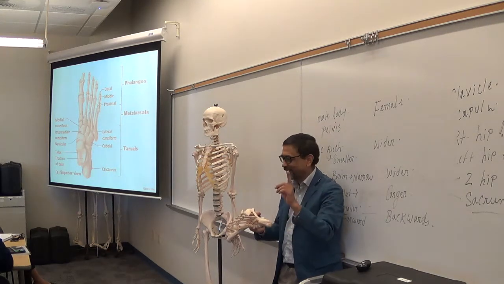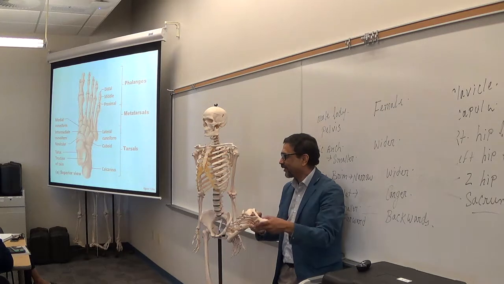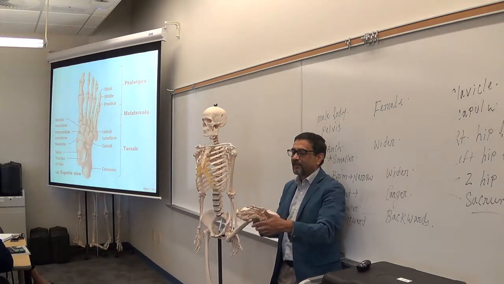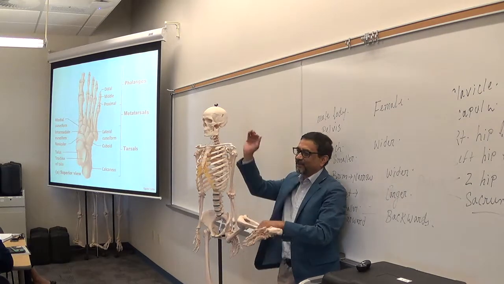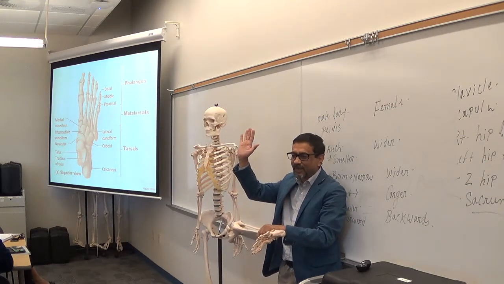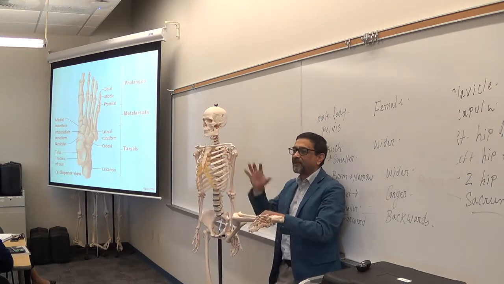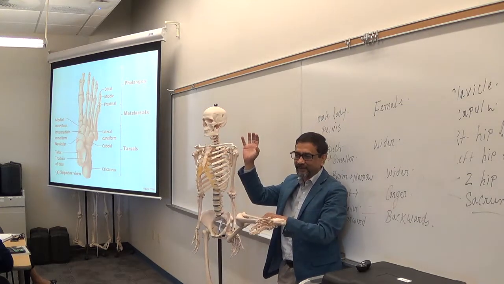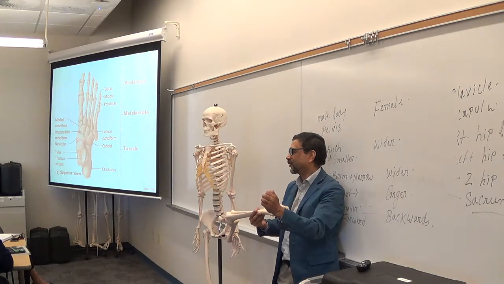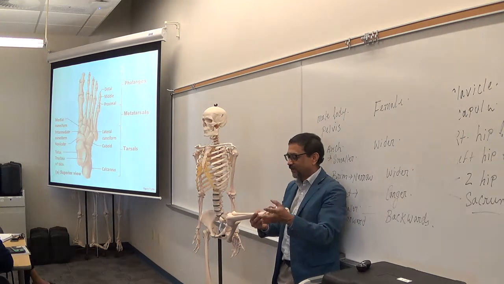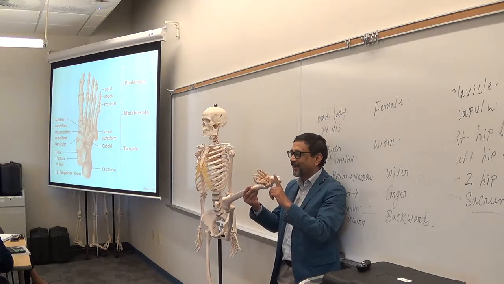So 1 is less, right? Then the metatarsals are how many? 5. How many metacarpals you have? 5. Makes sense? How many phalanges in your hand? 14. Remember that? Same number in the foot. So only 1 less, right?